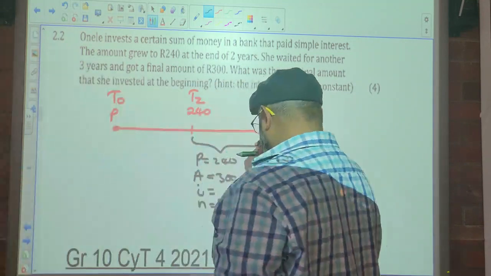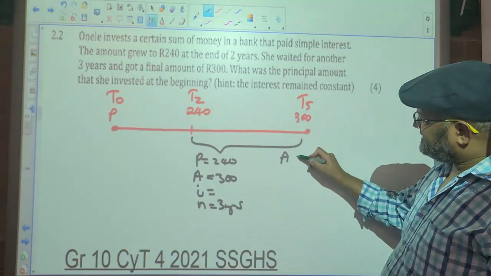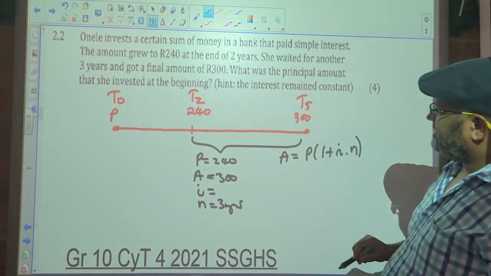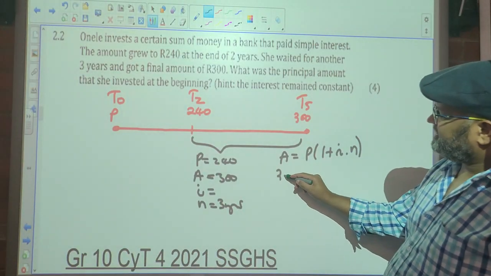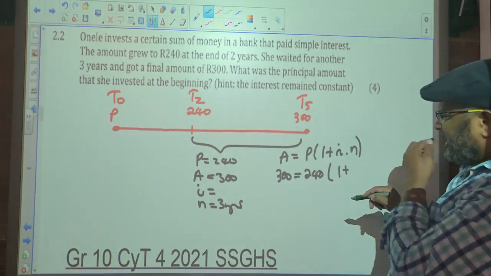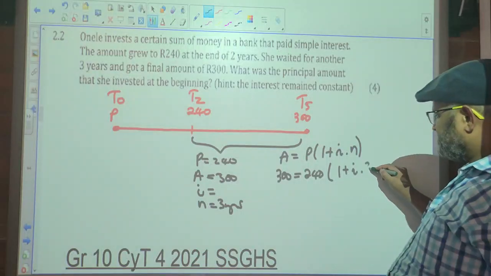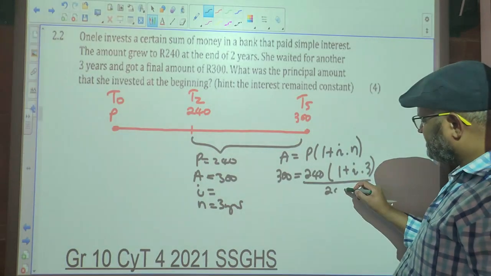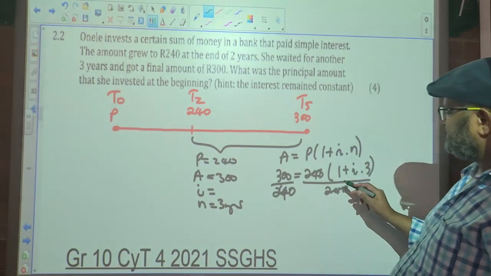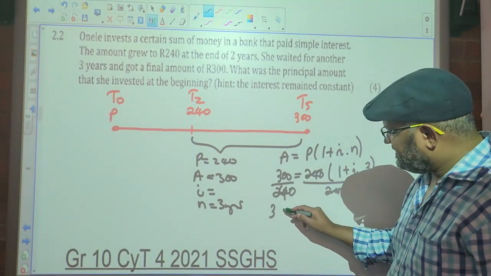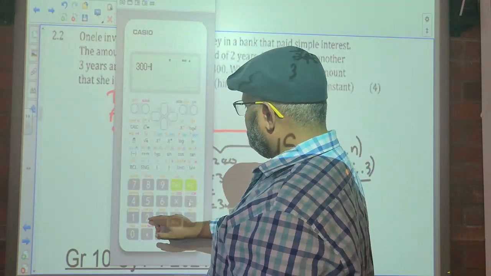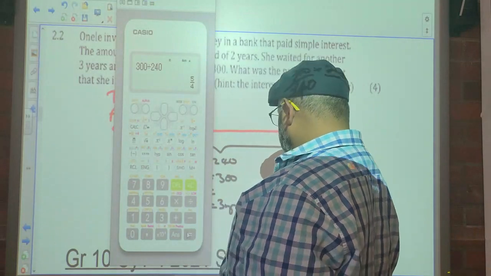So the simple interest formula, A is equal to P into 1 plus I times N. So A value 300 equals 240 into 1 plus I times 3. So I divide both sides by 240. That cancels, so it's going to be 300 over 240, 5 over 4.